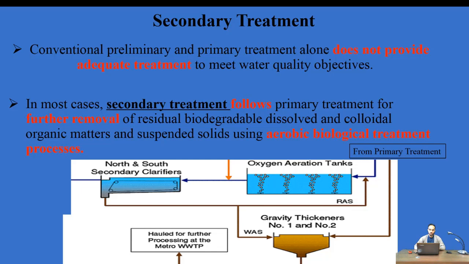At the secondary clarifier, the supernatant will be discharged for tertiary treatment, and the sludge will be recycled to the aeration tank, and a part of this recycled sludge will go to another process called dewatering or sludge handling.